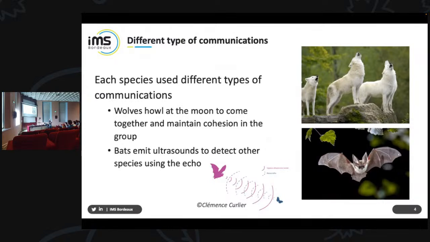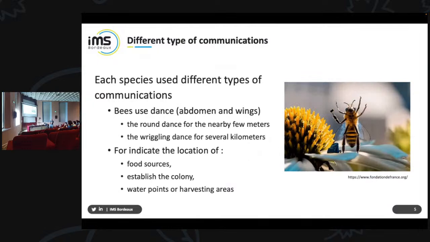I'm communicating right now thanks to sound, and also the animals. You have wolves, bats. They use ultrasound, you know. It's like a radar at the same time, like the dolphin as well. So it's always about waves to communicate. And the same, we have bees.